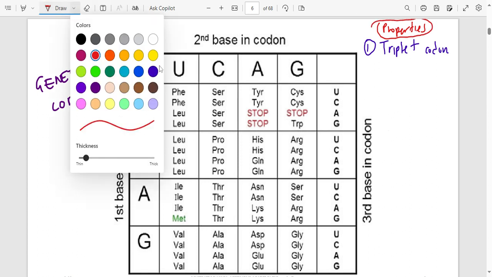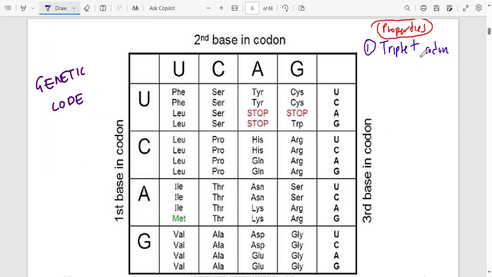So the first property, is there anyone who doesn't understand that the genetic code is made up of a triplet codon? Anyone who doesn't understand, I explain. Okay, thank you. So the meaning of triplet codon is that it's made up of three nucleotides. For example, you can see we have got the first group, the second group, and the third group.